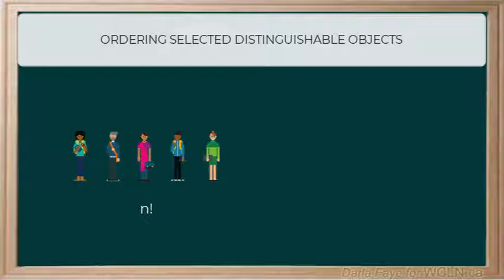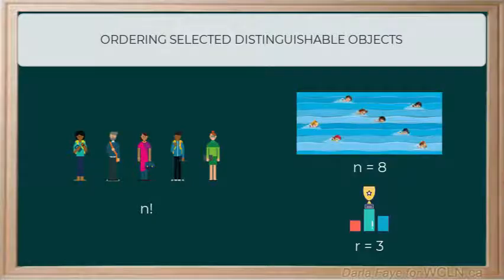Now in this lesson, we're going to take this one step further and look at how to calculate the permutations possible when we're only ordering a few of those distinguishable objects instead of all of them. So for example, perhaps I would like to calculate the number of ways that I could order the top 3 swimmers in a race that has 8 total swimmers competing.